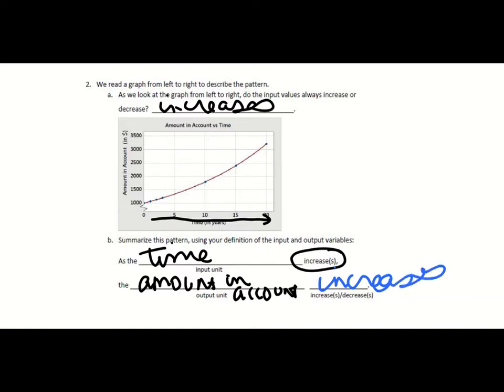On these, as I want you to describe the pattern, you will always write a sentence. Most other places you didn't have to worry about sentences, but this is one place I will have you write one. You tell me, as X gets bigger, what does Y do?